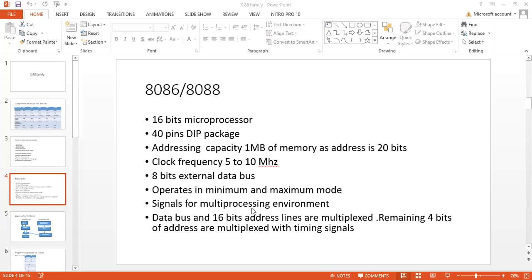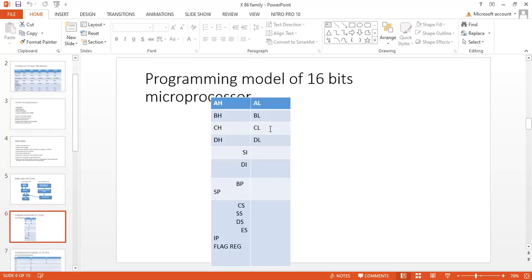features. Okay, so programming model, if you see, I was talking about AX, BX, that is given in the programming model. So AH, AL, BH, BL, CH, CL, DH, DL, all these are your general purpose registers.